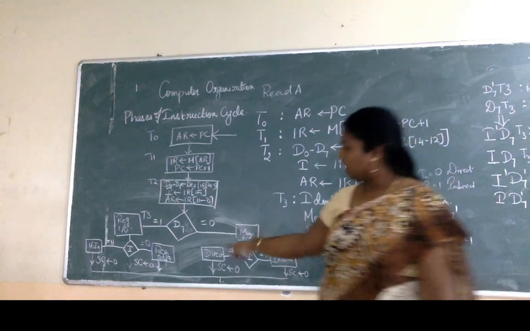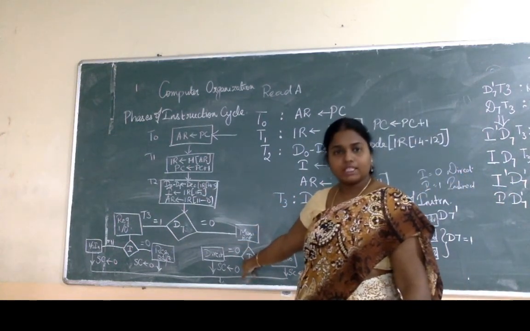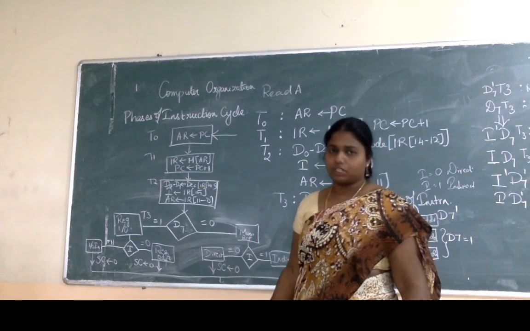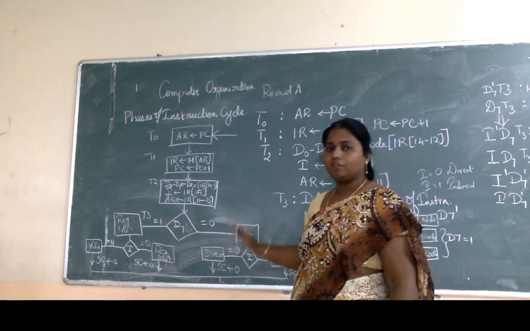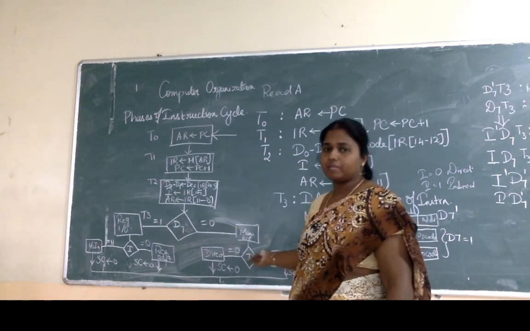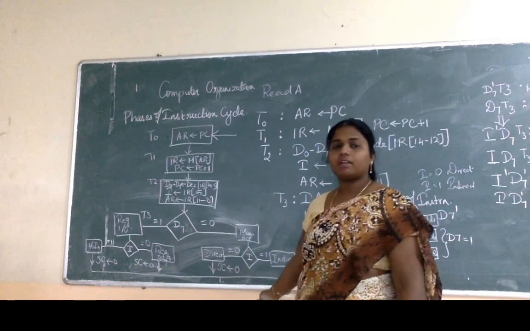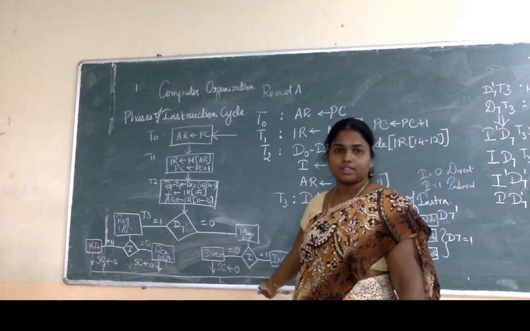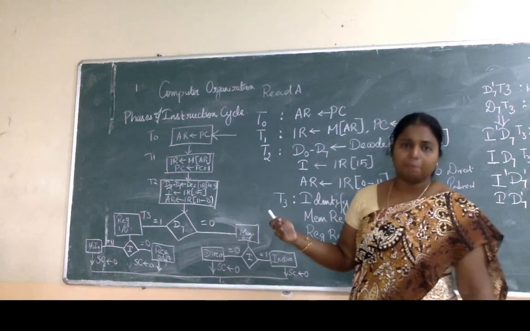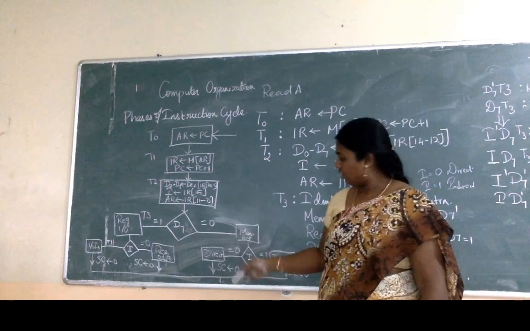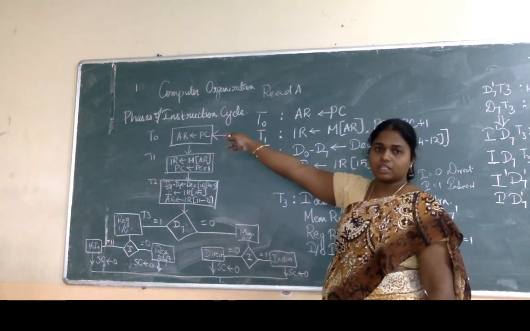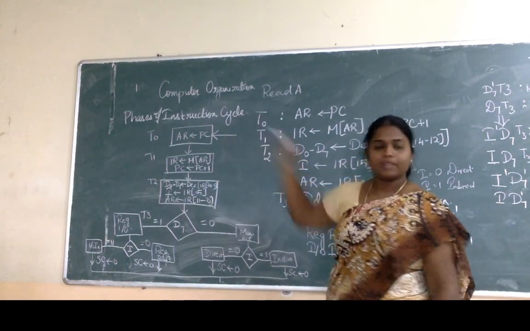At time cycle T3, the next phase in the instruction cycle is actually operand fetch. So I'll be fetching the operand from wherever is mentioned in time cycle T3. At time cycle T4, I'll start executing the instruction, and at whichever time cycle I complete my instruction execution, that time I'll clear off the sequence counter and get back to the next instruction with time cycle T0. Are we clear till here?